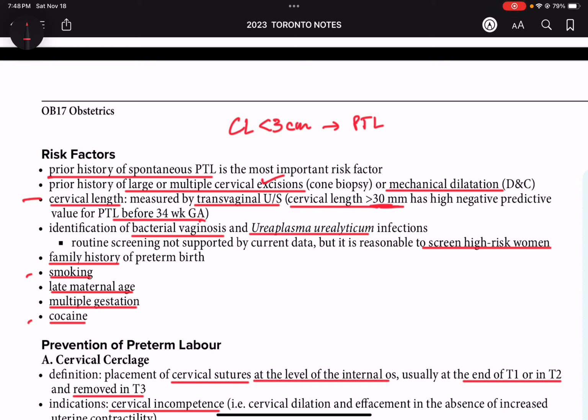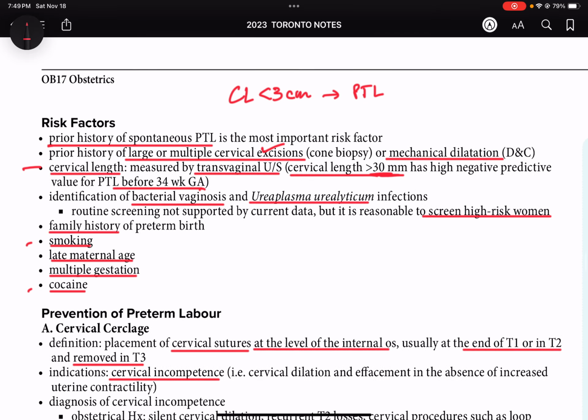So if it says cervical length is more than 3 centimeters, there are the least chances of preterm labor. So cervical length less than 3 centimeters might be a risk factor for preterm labor.